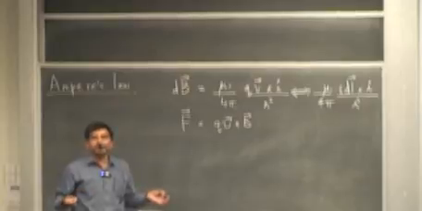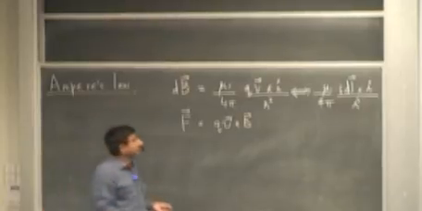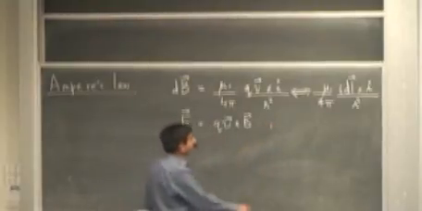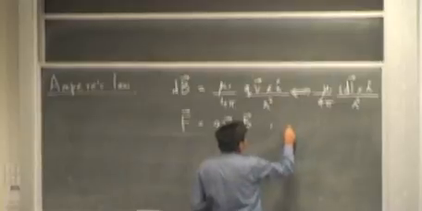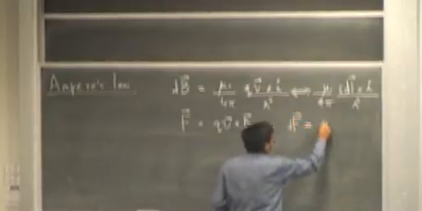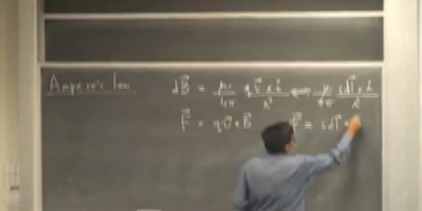A current carrying conductor will also experience a force if it sees a magnetic field. So another version of this Lorentz relationship is dF, the force on a small segment, is given by I dl crossed with B.